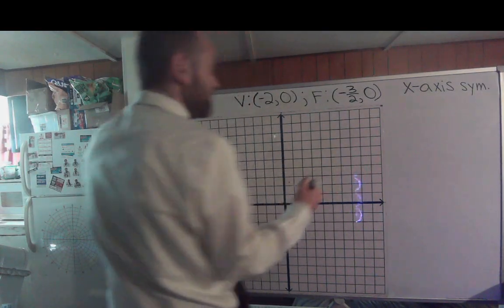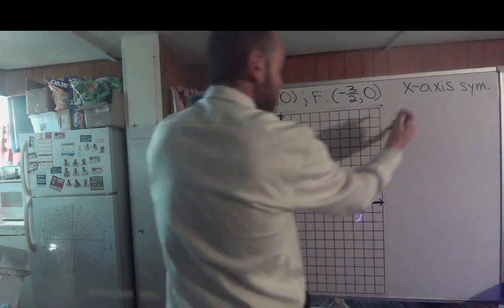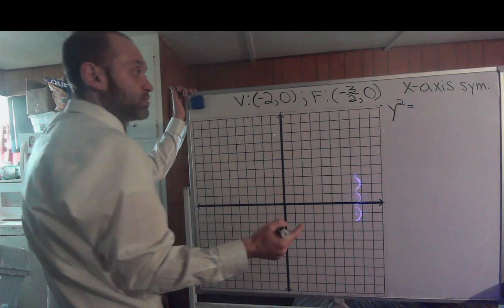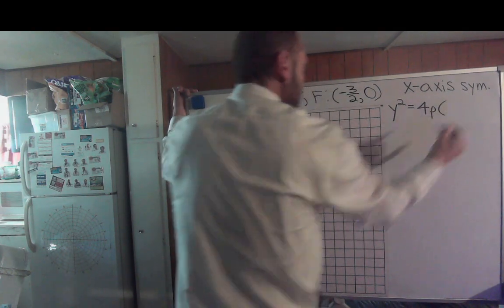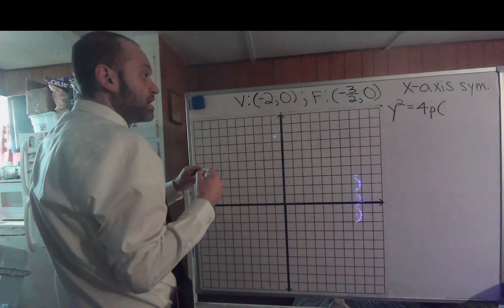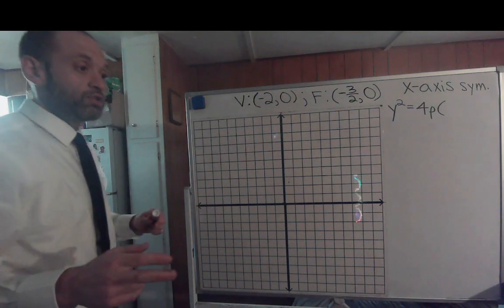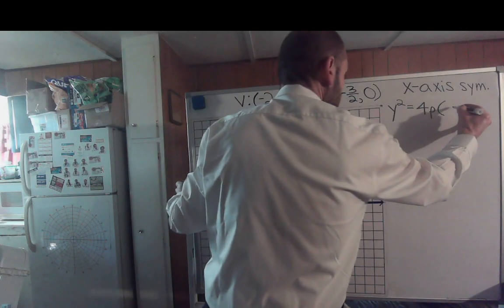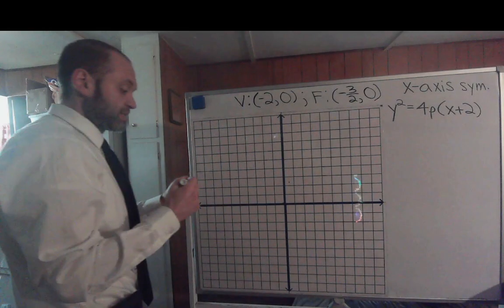On the left-hand side, notice the y-coordinate of the vertex is 0, so this will literally just be y squared is equal to, we don't know p just yet, so we'll say 4p times, then the x-coordinate of the vertex is -2. If x equals -2, that means this would be x plus 2. So we'll have 4p times x plus 2.